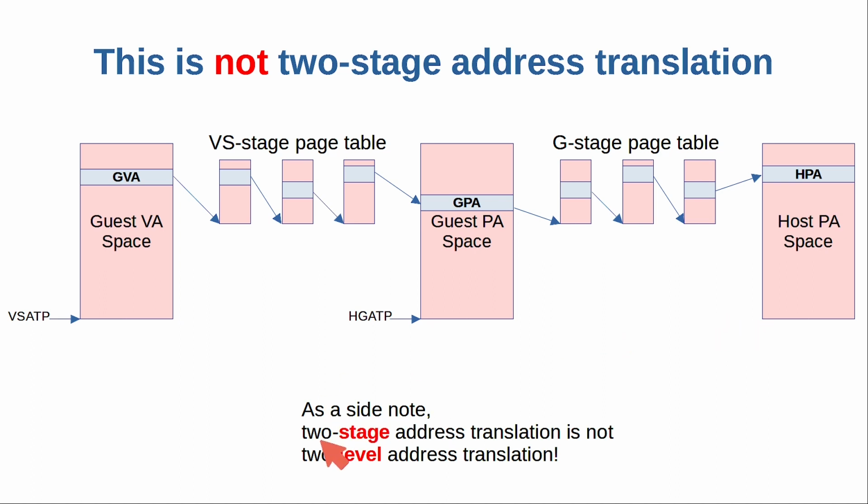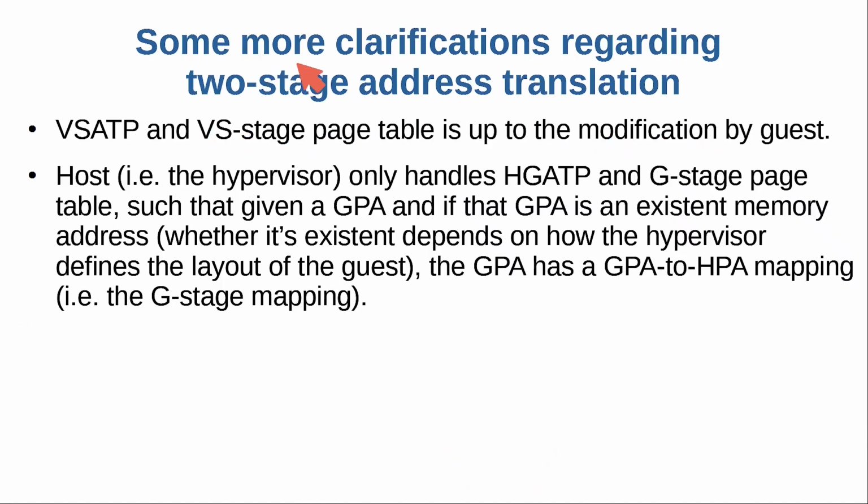As a side note, two-stage address translation is not the same with two-level address translation. Here are some more clarifications regarding the two-stage address translation. VS-ATP and VS-stage page table is up to the modification by the guest.